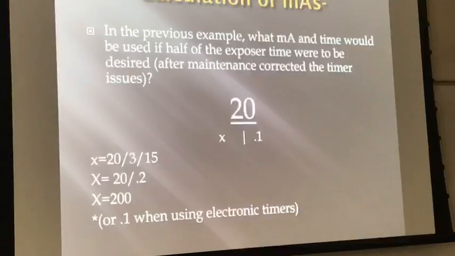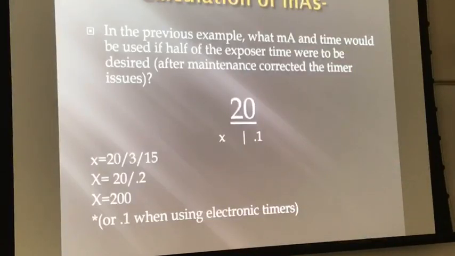Okay, so what is it asking? You want to cut the time in half. Does it say anything about density, contrast, anything else? No, so it's only asking you about exposure time. So what do we call it when we can adjust mA and time to come to the same mass? Reciprocity, right. So we're using the law of reciprocity.